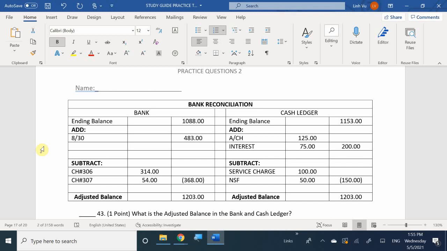Are we going to have to look for any type of discrepancies when we do the bank reconciliation problems? Wait, can you repeat that question again? I didn't hear the first part of your question. I'm sorry. Are we going to have to look for any discrepancies when we do the bank reconciliation problems? No. I want it exactly like this. I just need you to know your do's and your ifs. How to do it? It's nice and simple.